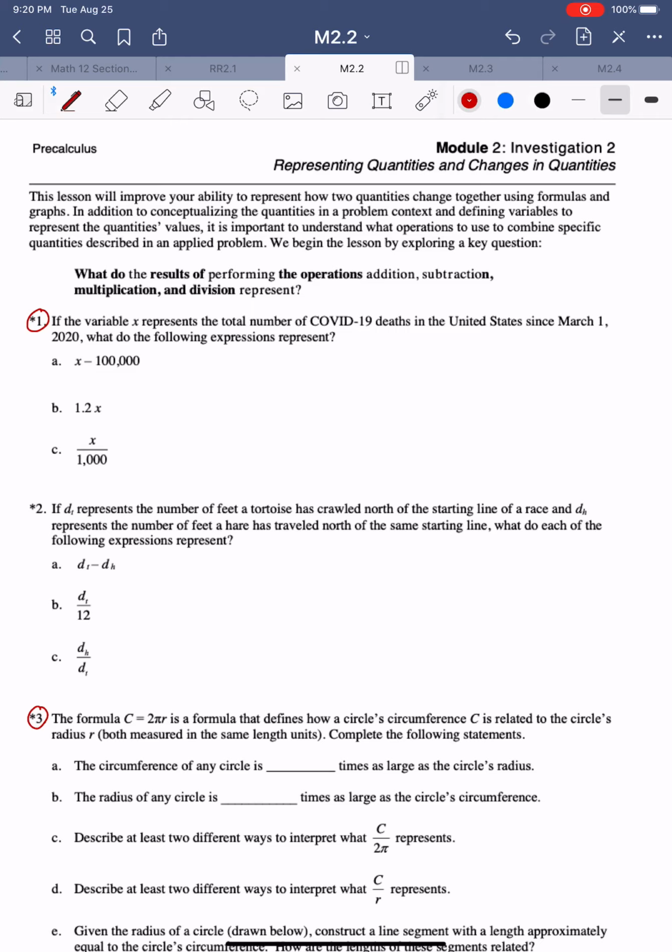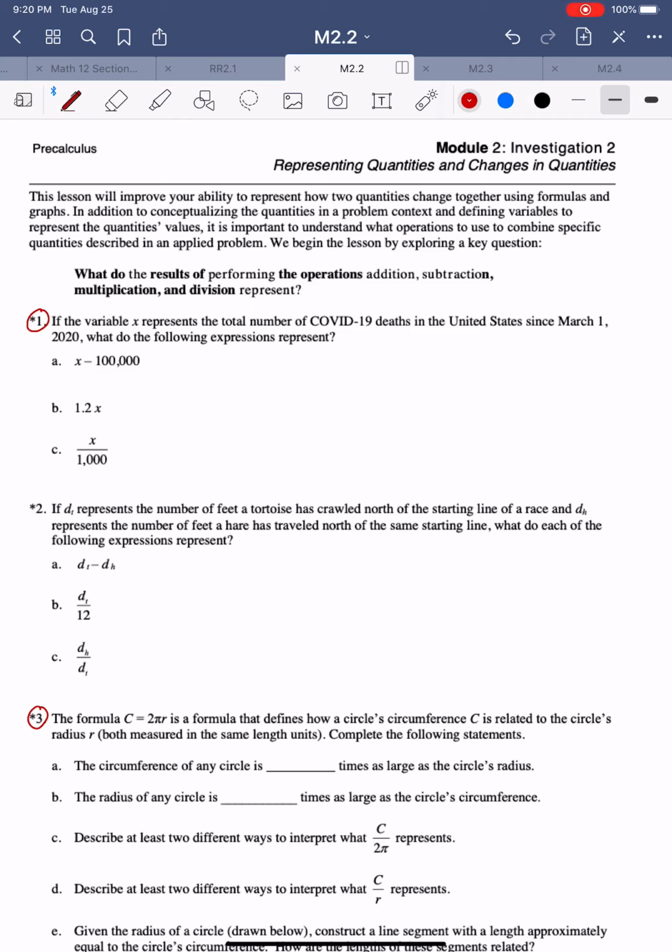So x minus 100,000 means the number of deaths. x is the total number of deaths from COVID-19 in the United States since March 1st, 2020, and then you are subtracting 100,000 deaths from there.